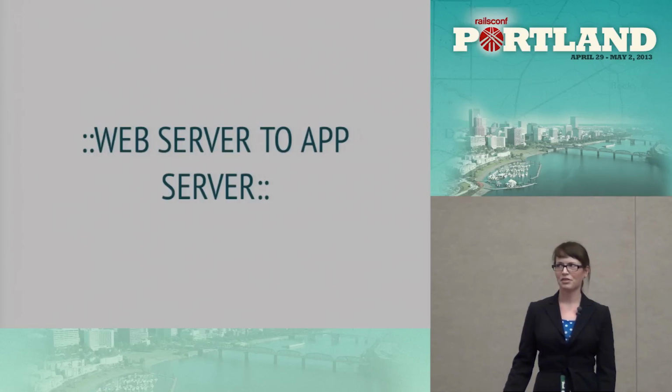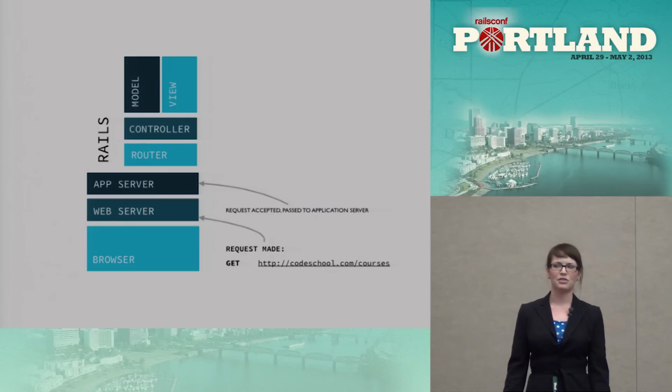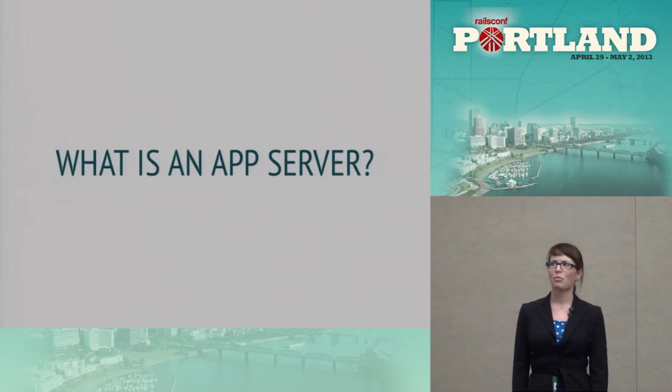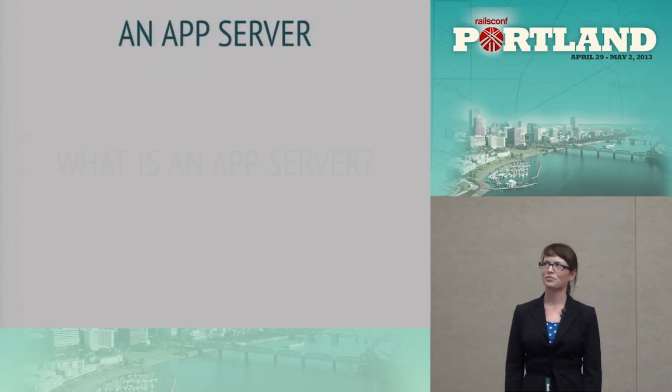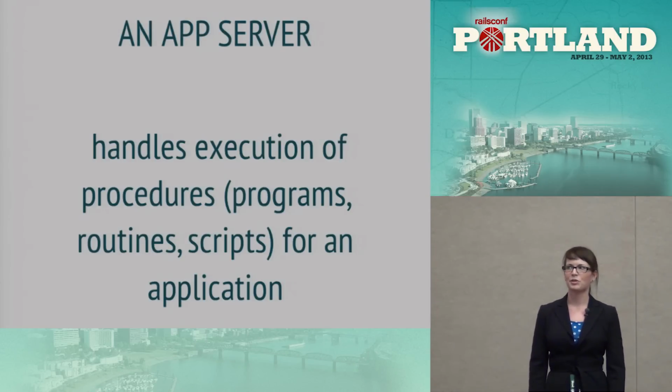The next step in our request journey is following the request from the web server to the app server. We've made a request to the web server, it was accepted, and now it's being passed to the application server. What is an app server? An app server handles execution of procedures for an application.